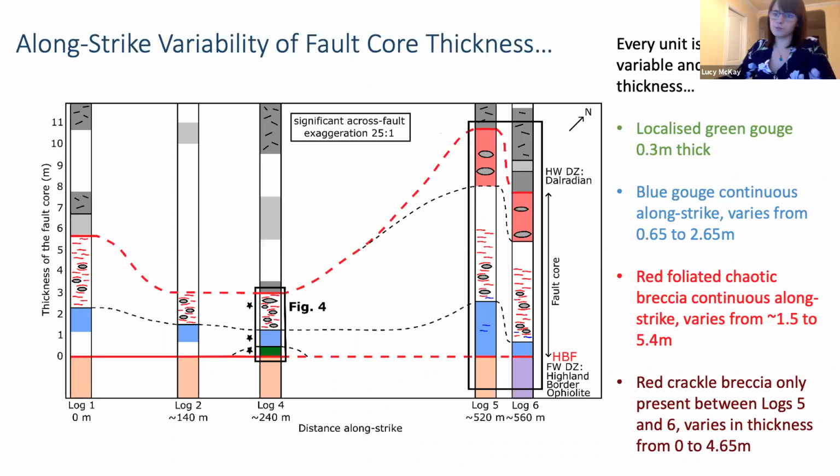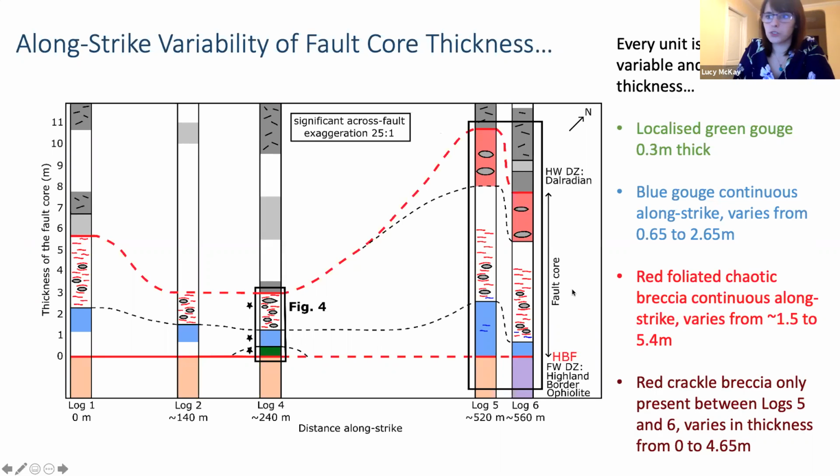I've already said that the green gouge is only found at one locality. So not every unit is present along the fault, and every unit is variable in terms of its thickness.